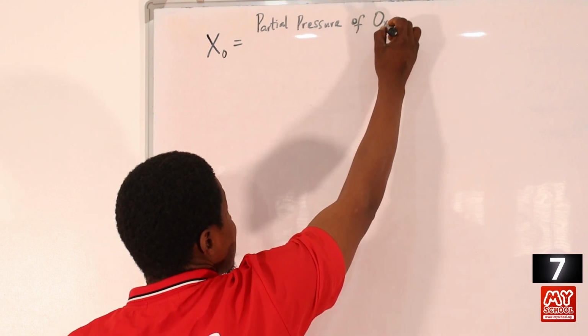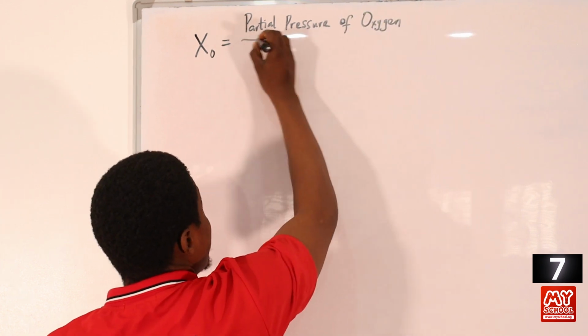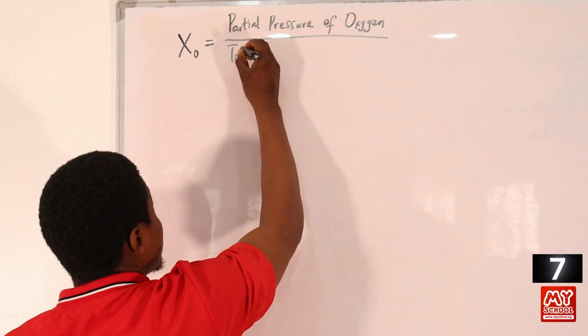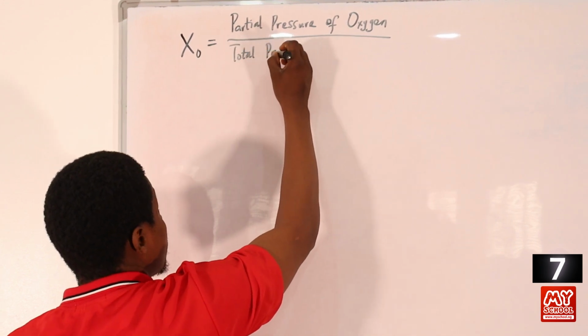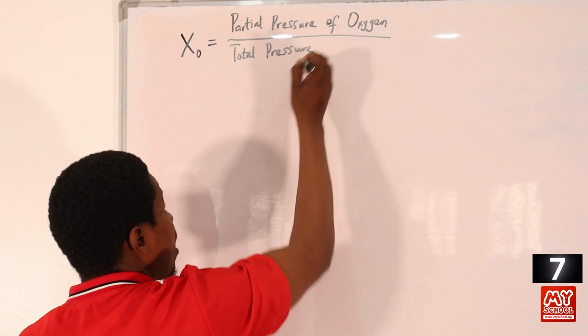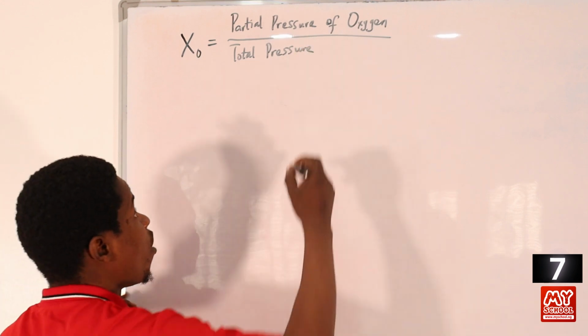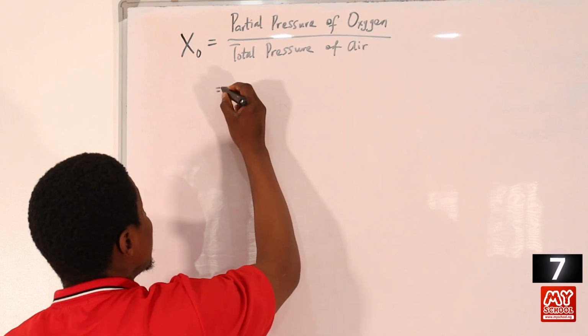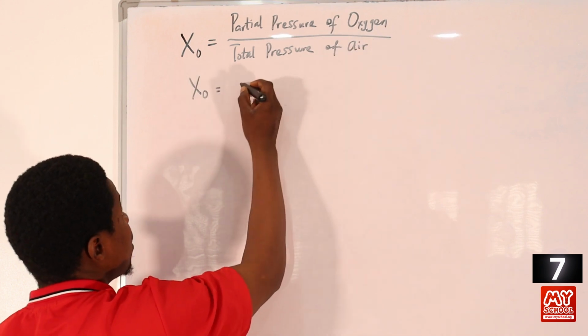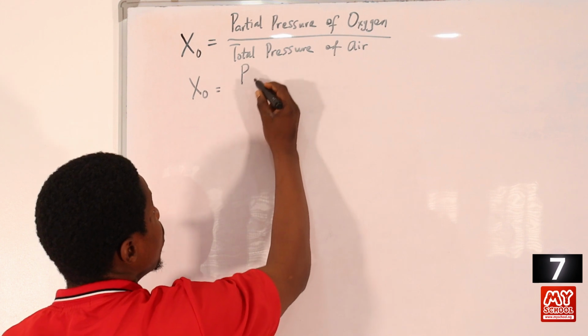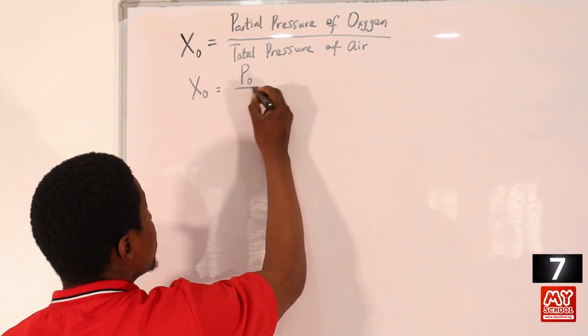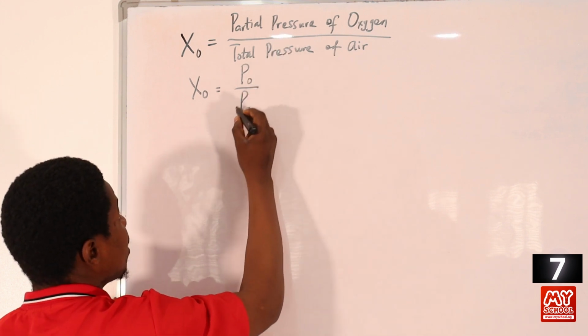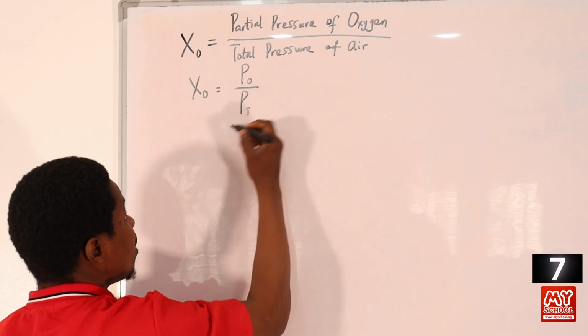That is oxygen. Divided by the total pressure. Total pressure of what? Of the air sample. In other words, we can represent it as partial pressure of oxygen over total pressure. So from the question, it's just a direct question.